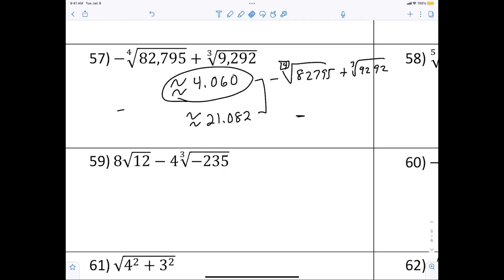Let me see your calculator. That's really good. I learned something today. Negative math 5. So I see what you're saying. So then you just backtrack and put negative right there, and then put the 4.